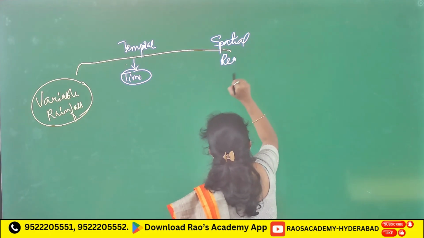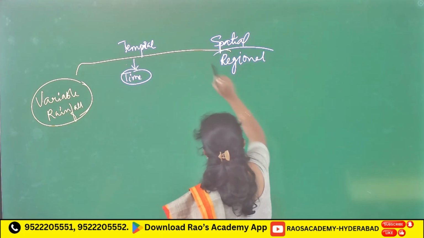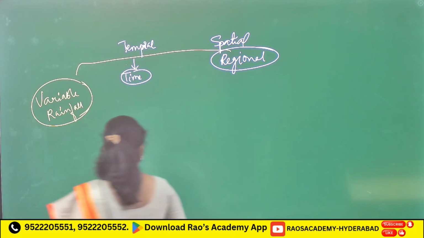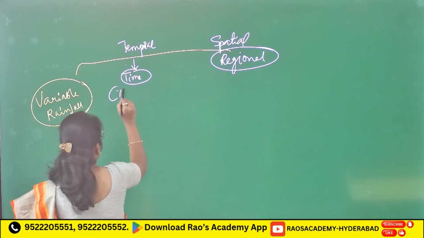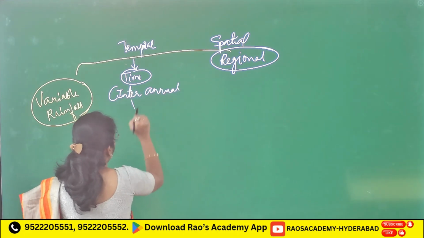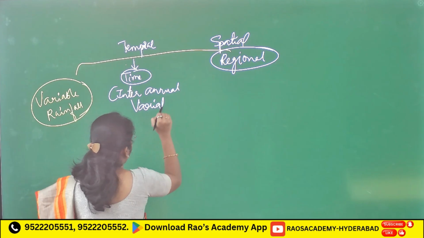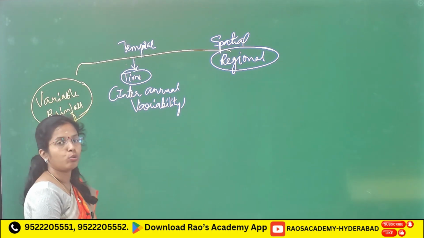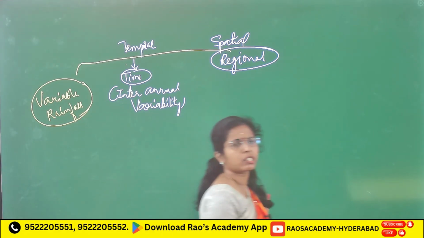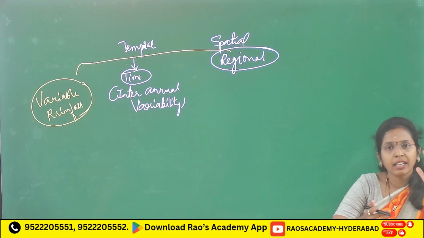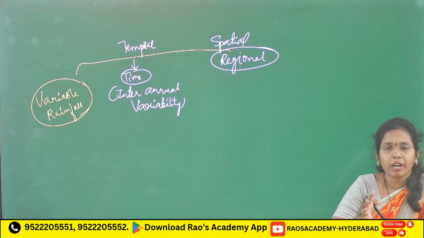Spatial means regional. Now what is temporal or time? Interannual variability. In some years you will see more rainfall, more floods, and in some years we will see more droughts, or minimum rainfall.